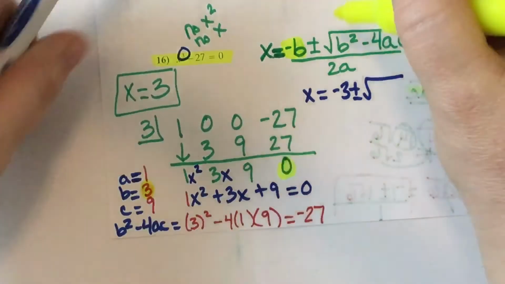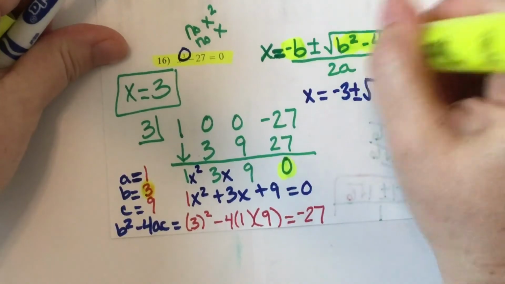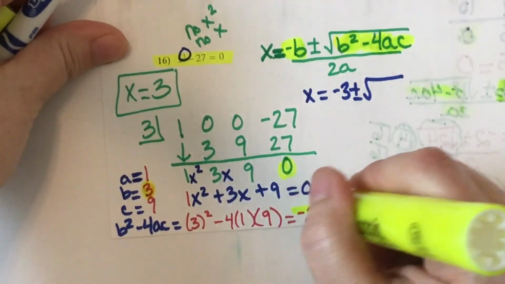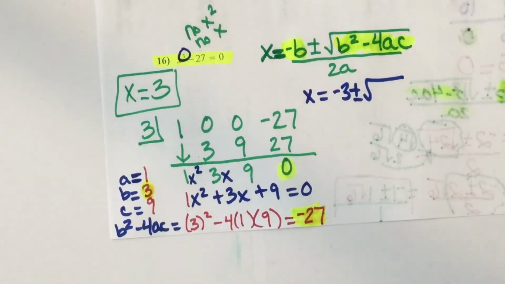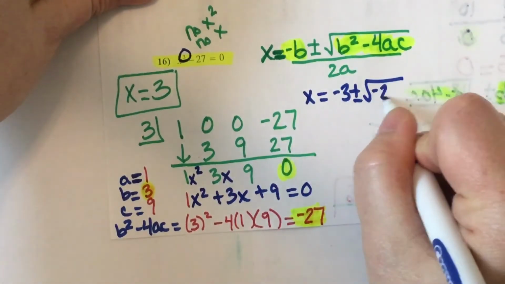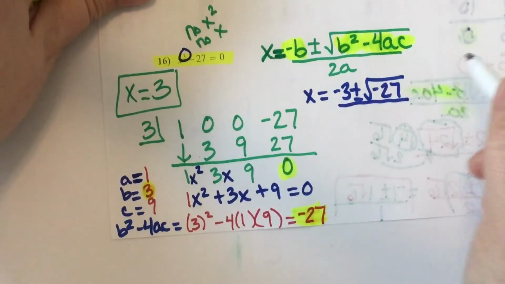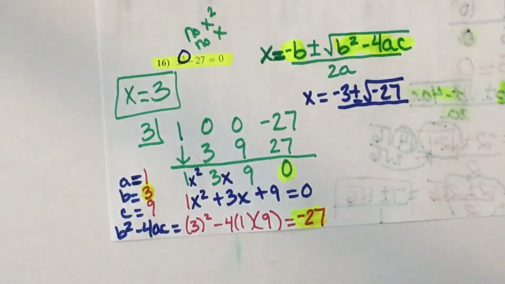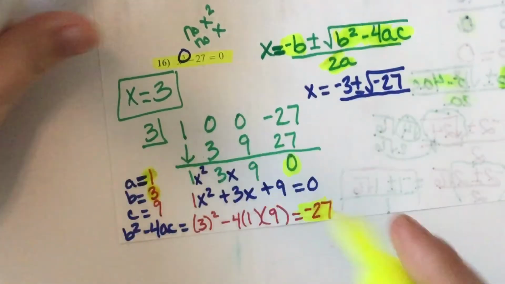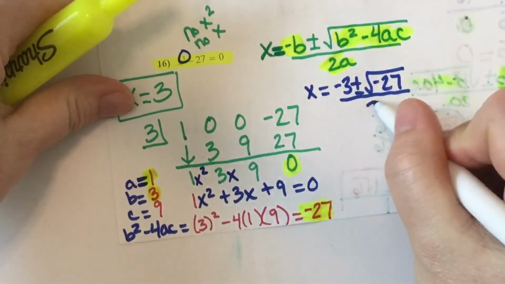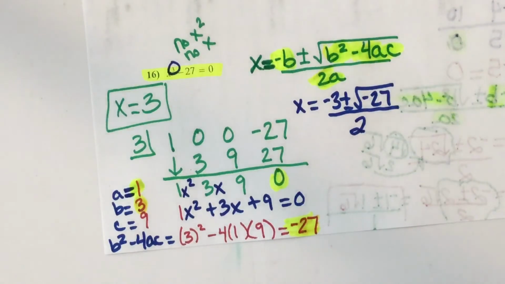What did we just say b squared minus 4ac gave you? -27. And if you needed to verify that that was correct, you could always put it in your calculator for yourself. All over 2 times a. So I want to take 2 times my a. So what is 2 times 1? 2.